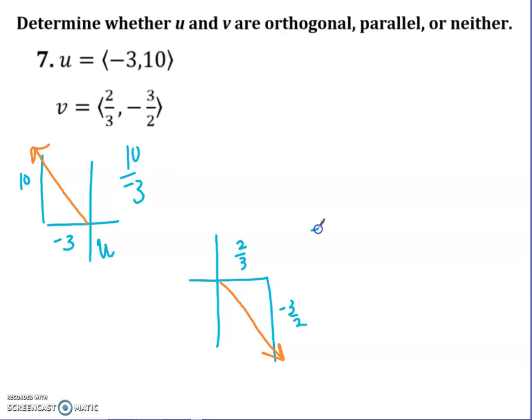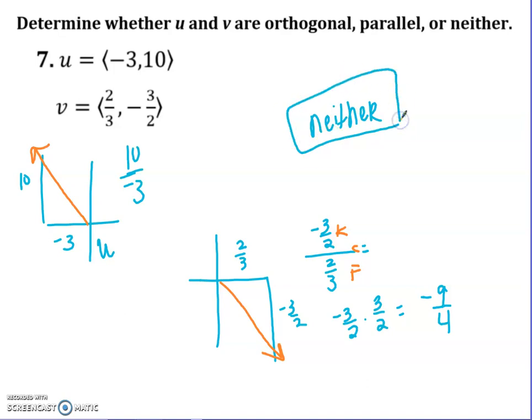And so my rise, this would be -3 over 2 over 2/3. Okay, you can type that into your calculator. You can go keep, change, flip, so -3 over 2 times 3 over 2, so -9/4, and 10 over -3 are not opposite reciprocals.